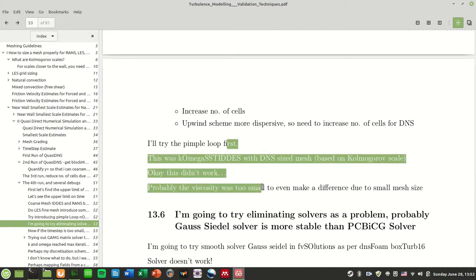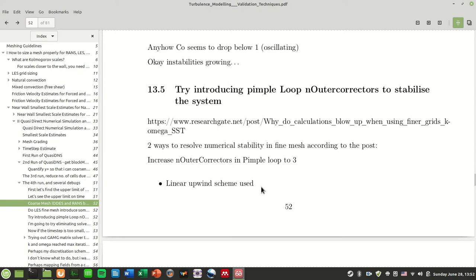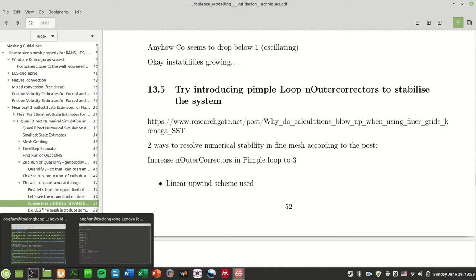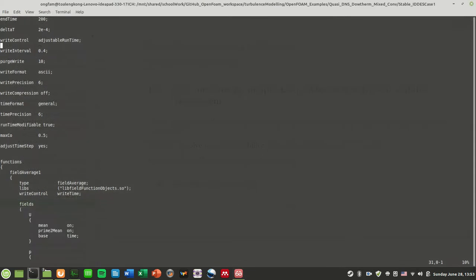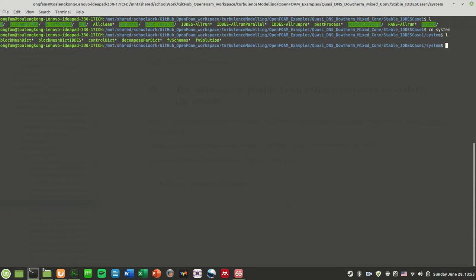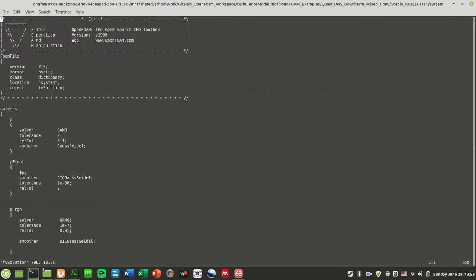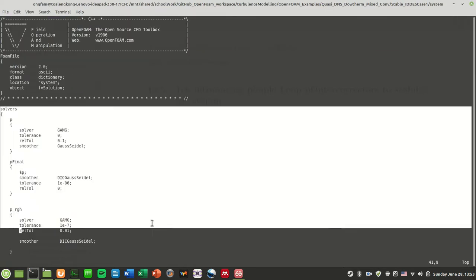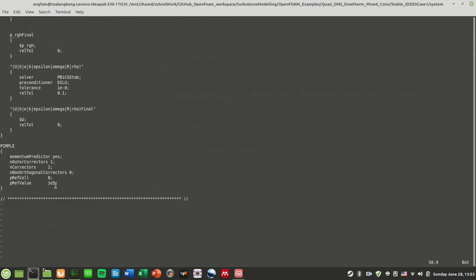So that was even trying the outer correctors in fvSolution. If you know OpenFOAM, we have fvSchemes and fvSolution inside the system folder. In fvSolution, I tried tweaking the outer correctors here. I changed it to 3.